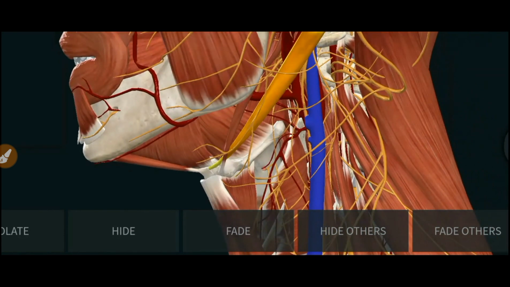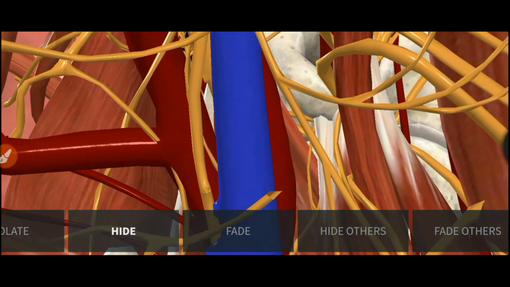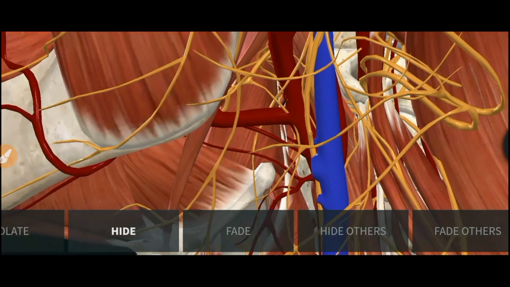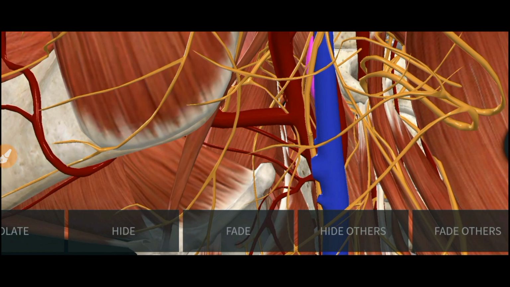Of course, anteriorly you will see the external carotid artery within the parotid gland where it enters the carotid canal, and it is related to all these nerves. Posteriorly it is related to the internal jugular vein. Close to the base of skull, the internal jugular vein is separated by 4 cranial nerves.